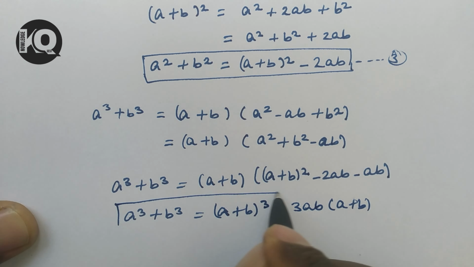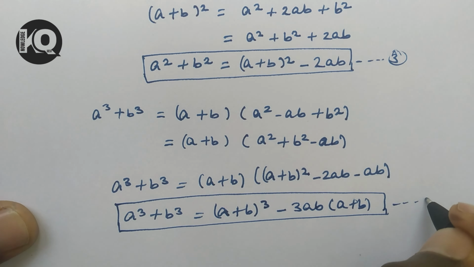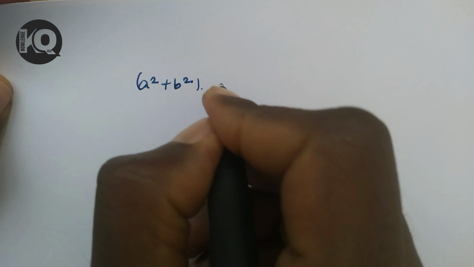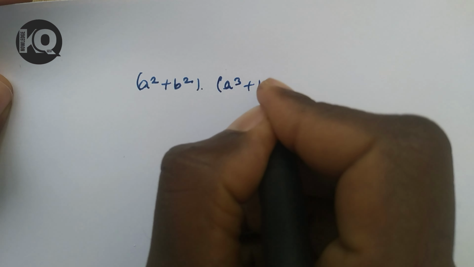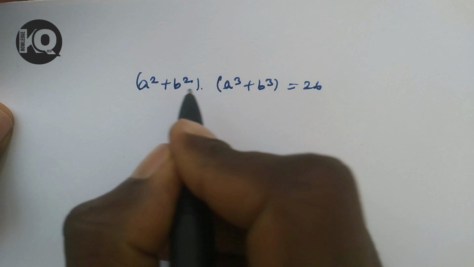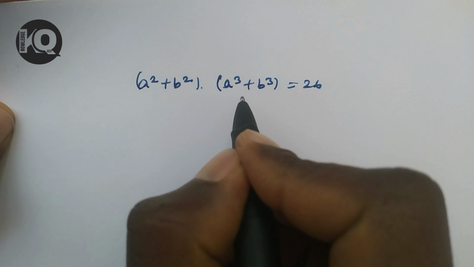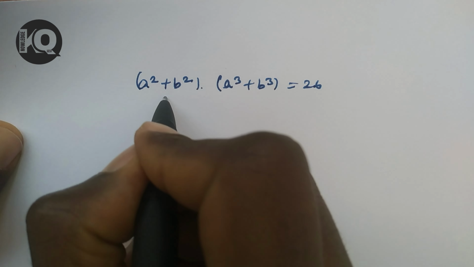So we have a cubed plus b cubed in this form, and let's call it equation 4. We are given that a squared plus b squared times a cubed plus b cubed is equal to 26. So we have a squared plus b squared from equation 3 and a cubed plus b cubed from equation 4.